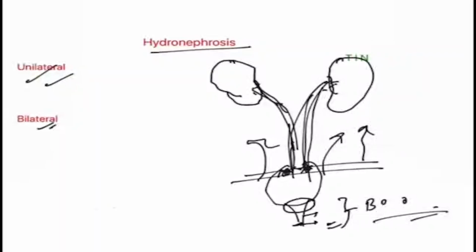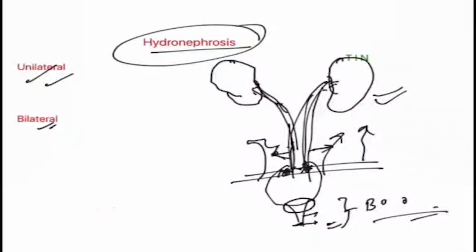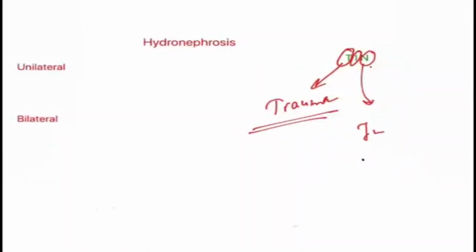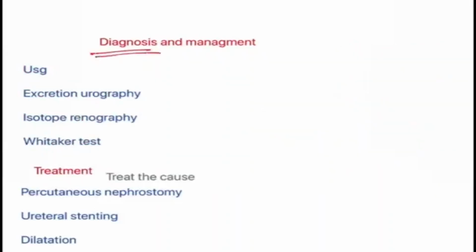And when the cause of obstruction is beyond this bladder and single ureters or kidneys are involved, then unilateral hydronephrosis is there. So all the causes can be remembered with this theme, that is T: trauma, trauma at any level, kidney, ureter, bladder or urethra level, inflammation at any level, and neoplasm at any level.